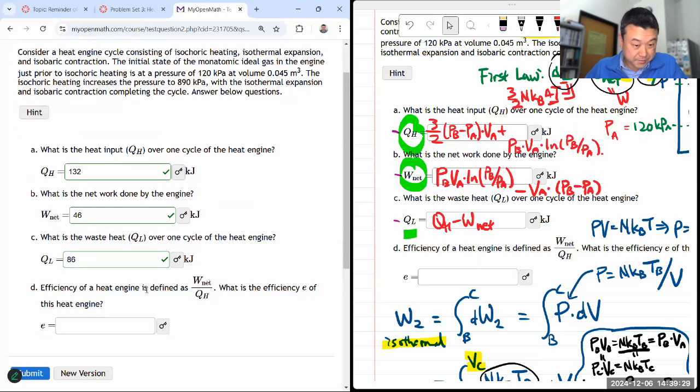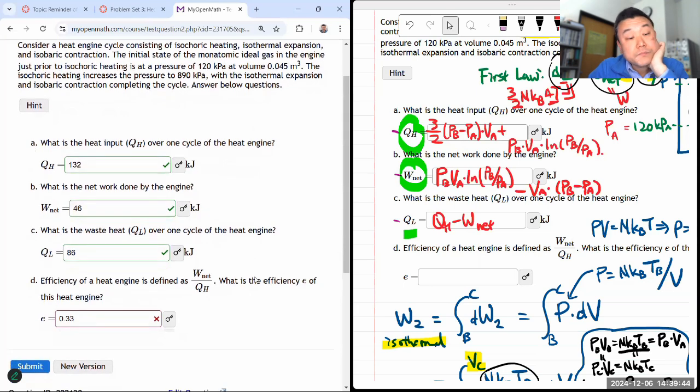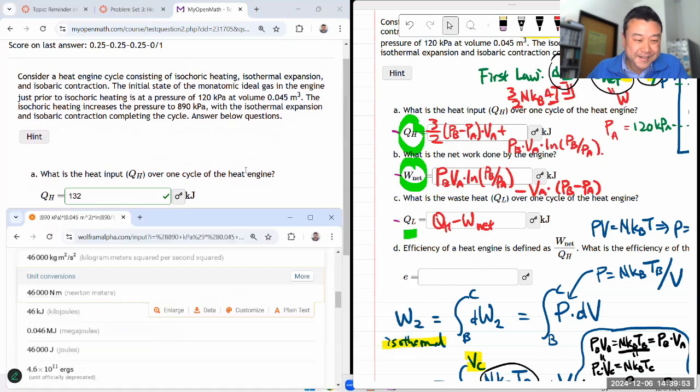So the efficiency is defined as that. So you just do that, 46 divided by 132. Wow, that's 1/3. So that should be 0.33, I think. Yeah, sorry, that's a trap for me. Isn't that 1/3? No, it's not 1/3. Let's use a calculator.